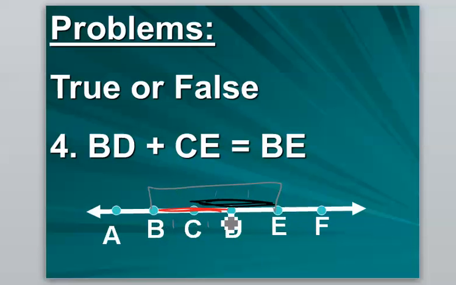And B to E is only 3 spaces. Those aren't the same because this segment CD is being counted twice. So there's overlap here, which makes the statement false. Adding BD plus CE is actually going to give us a longer length than just from B to E. Again, there's no repeating letter, so that's something you can look for as a shortcut.